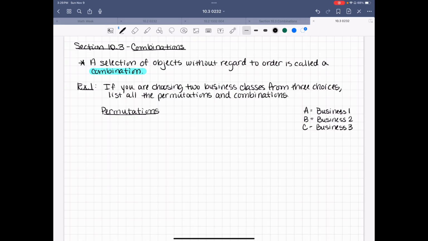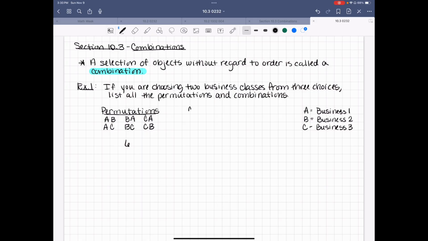In a permutation, the order does matter. So if we're picking two business classes from three choices, I could pick A, B, A, C, B, A, B, C, C, A, and C, B. So for permutations, I do have 6 there.